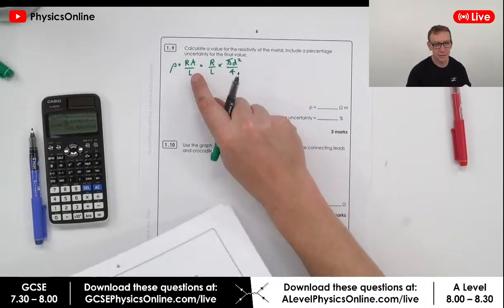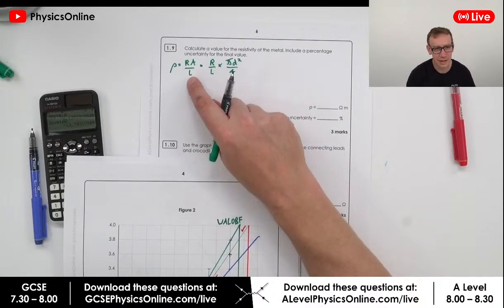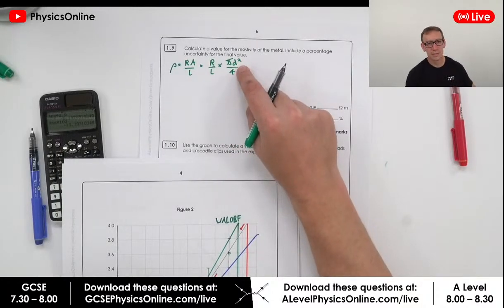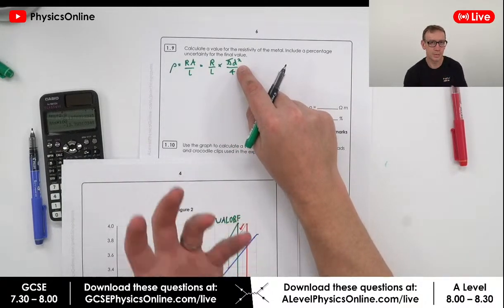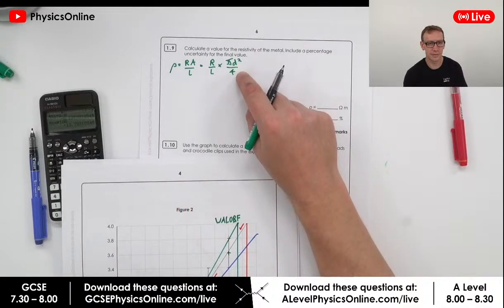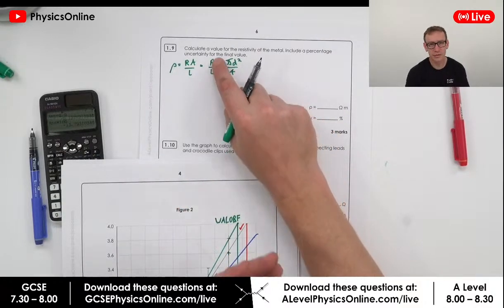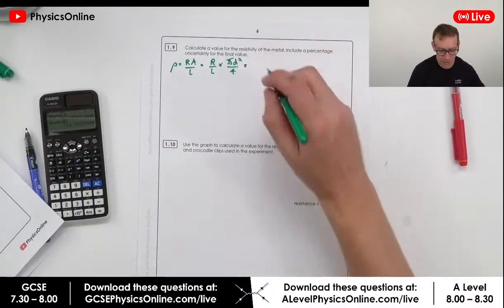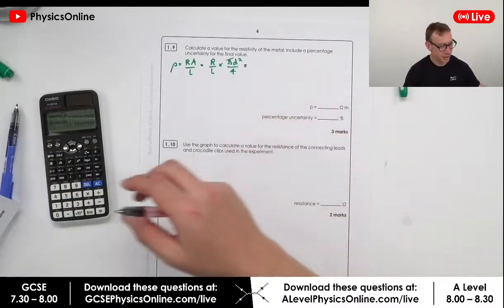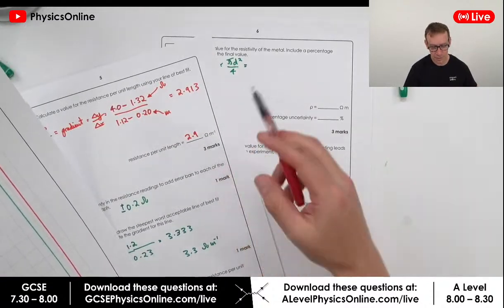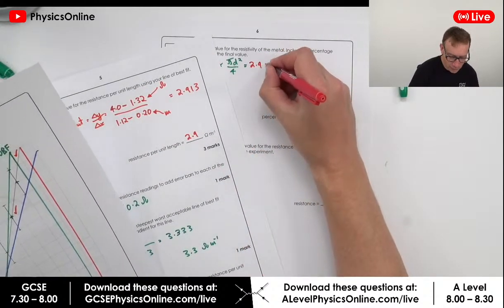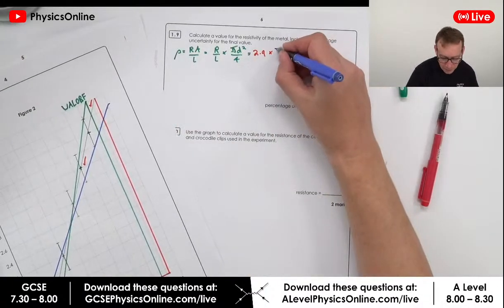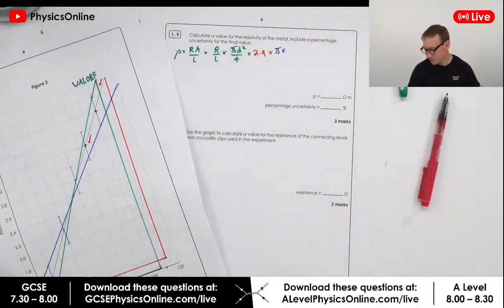So this is the equation we're going to use. The resistivity is RA over L, which is R over L times pi d squared over 4. This is just the area, and we worked out the diameter in a previous part of the question, so I'm going to use pi d squared over 4. And R over L, the resistance per unit length, is just equal to the gradient. So that's going to be equal to the gradient of our line of best fit, which we worked out previously as 2.9. We're going to multiply that by pi d squared over 4. So that's pi times d.